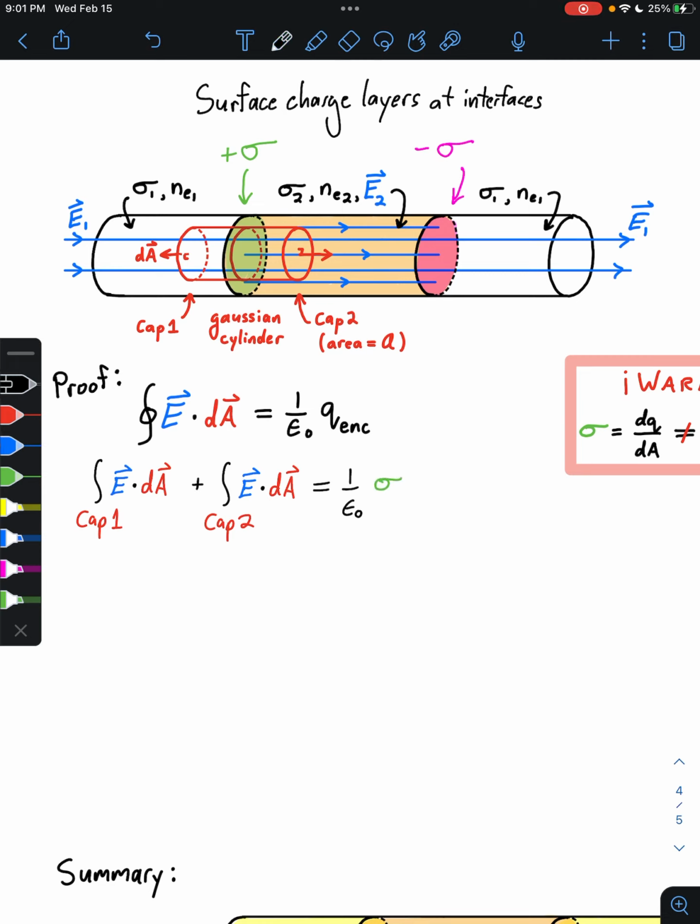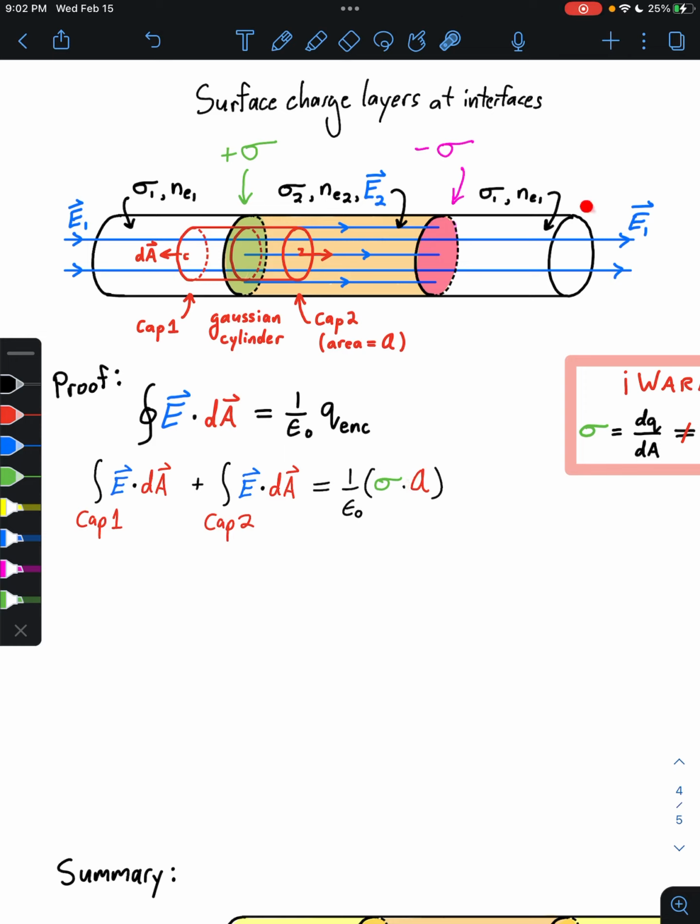So sigma times, I'll write an A like this, like a tall lowercase a, to represent the portion of the cross-sectional area of the wire that's intercepted by our Gaussian cylinder. So this A is the area of our cap.